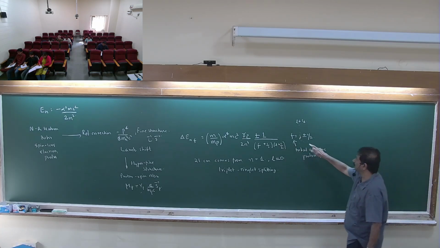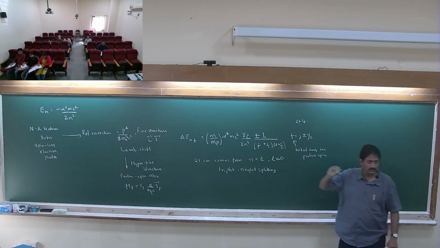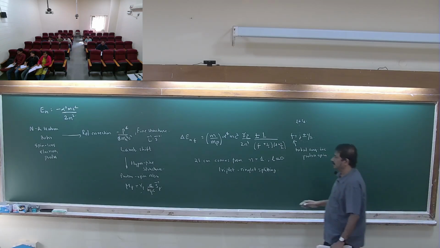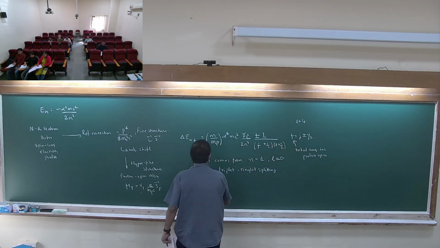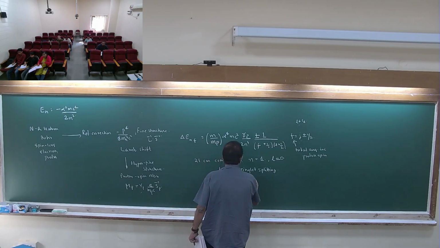Why is it a triplet and a singlet? Because it's just half and half. L is equal to 0, so you have only the two spins, spin of the electron and spin of the proton. So these two spins can add up either to 0 or to 1. If it is 0, then it's the singlet. If it is 1, then it's the triplet. Okay. So this corresponds to F equals 1, and this corresponds to F equals 0.